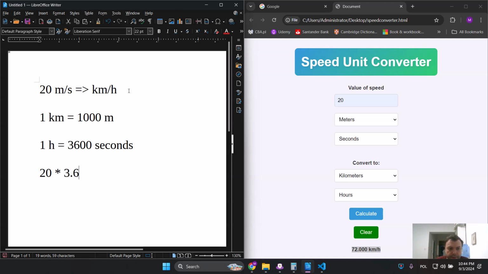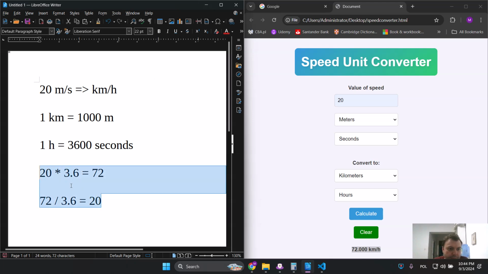And if you want to do the reverse operation, convert kilometers per hour to meters per second, you simply reverse this operation. So 72 divided by 3.6 equals 20. You could memorize it, but it's not good to memorize things. It's good to understand how they work.